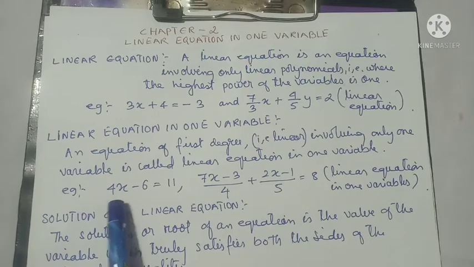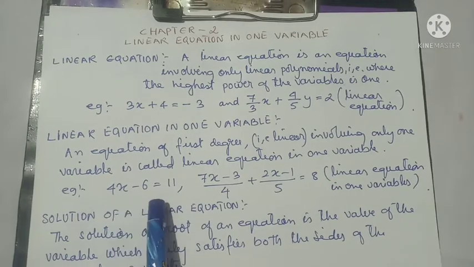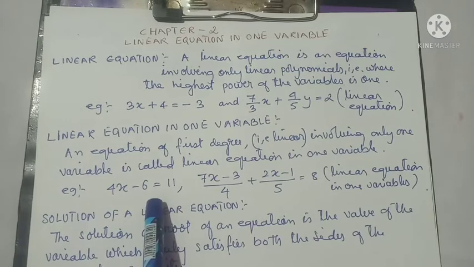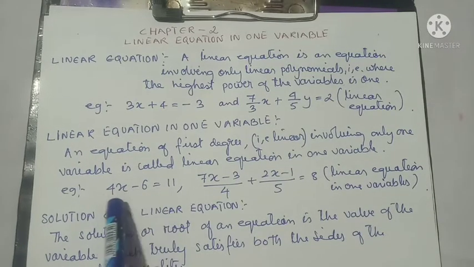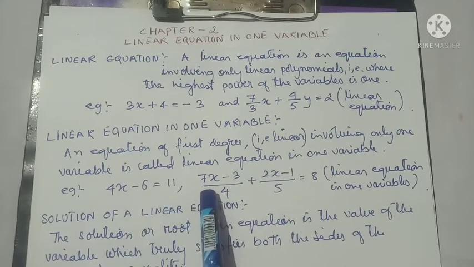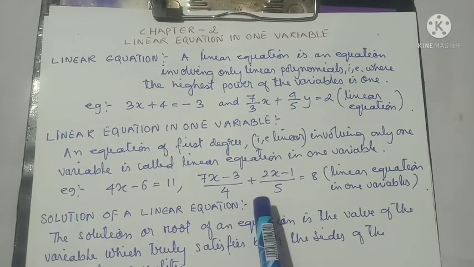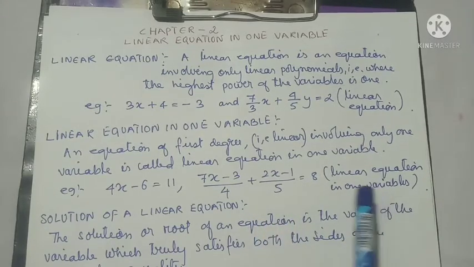So in this case, 4x minus 6 equal to 11. Here we have only one variable. So this is a linear equation in one variable. Here in this case, the same variable is there. So in this case also we have only one variable. So we will say this is a linear equation in one variable.